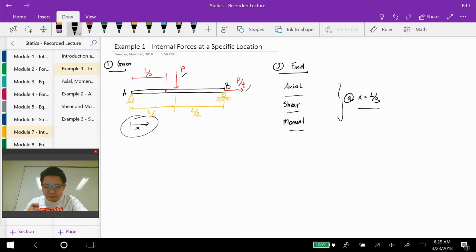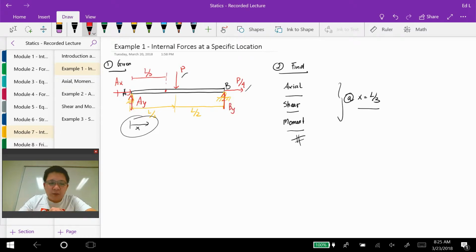Before we continue calculating the internal forces, it is always a good idea to first calculate the reaction forces of the beam. In this case we have AY and AX, since it is a pin support, and we have BY.